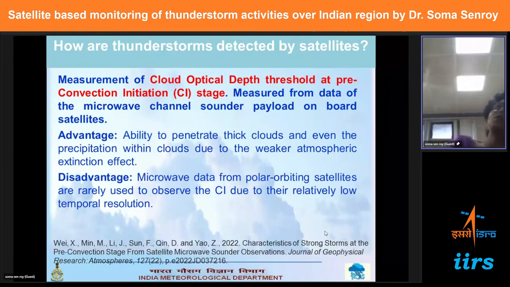If there is a threshold, it means the opacity is increasing, meaning the cloud liquid droplets are increasing in size. Microwave payloads are very capable of detecting this threshold.